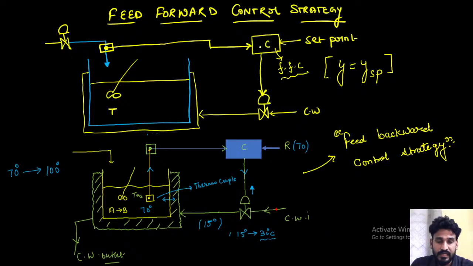When the system is disturbed, then what is the point of using the feed forward control strategy? This is my feed backward, this is my feed forward. What is the difference between feed forward and feed backward? That is my base concept for the feed forward.